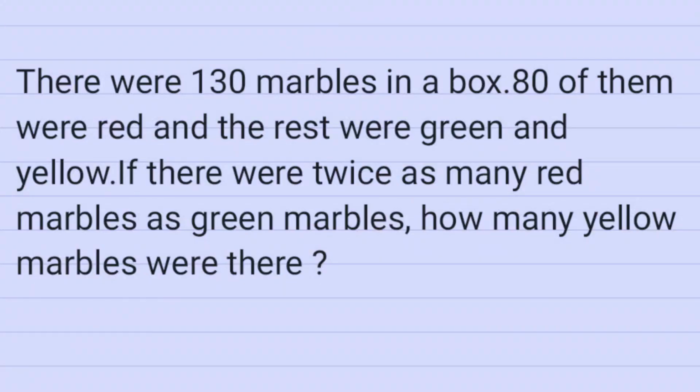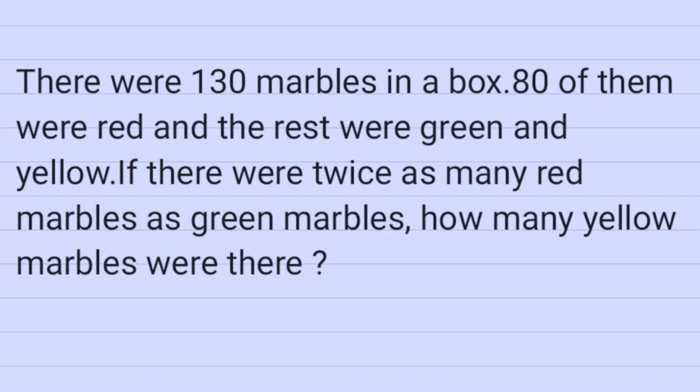Let's take a look at the part-whole model. Now, our question here says that there were 130 marbles in a box. 80 of them were red and the rest were green and yellow.